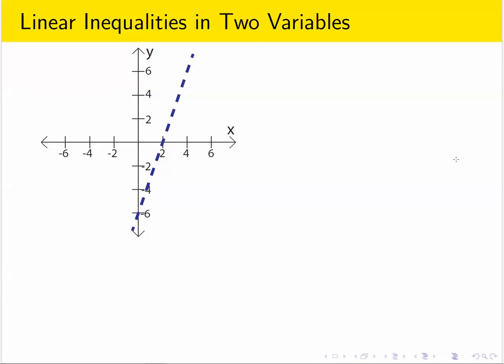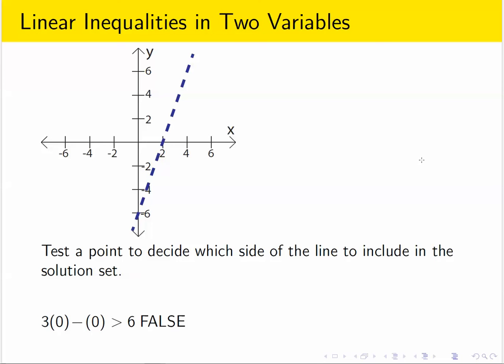Now, just as before, we're going to need to test one side of the line or the other. And just as before, I'm going to pick an easy point to test. I'll pick the point at 0, 0. So if I plug that in to our inequality, x equals 0, y equals 0, the left side of the inequality evaluates to 0, which is not greater than 6.